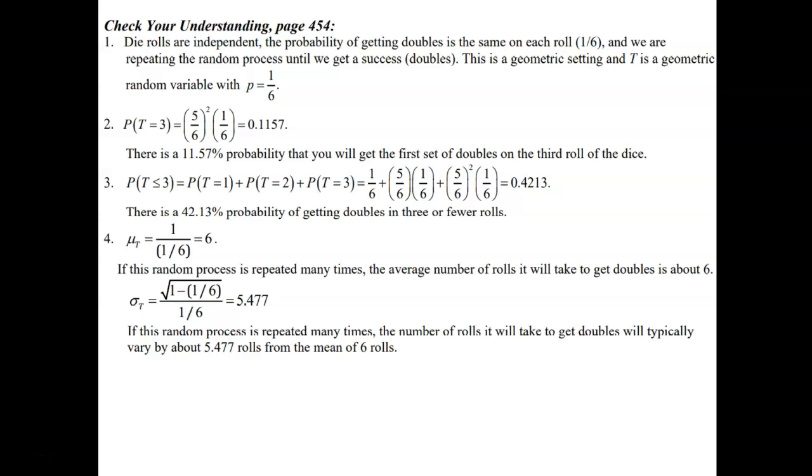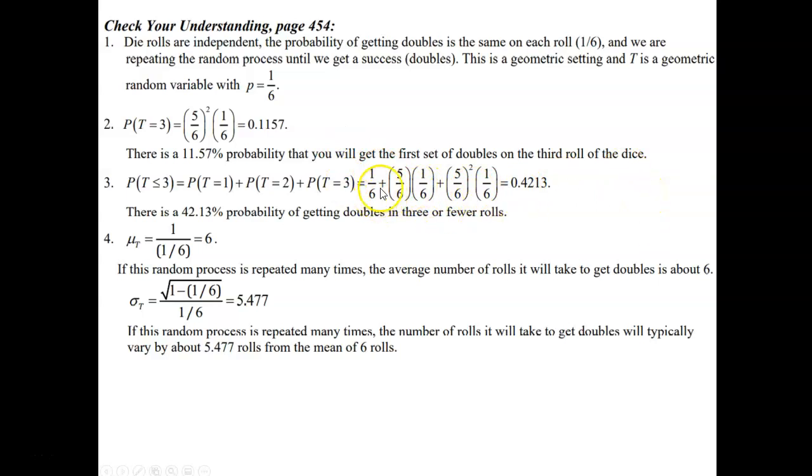For the Monopoly question, you would get out of jail if you rolled doubles on the first or second or third roll. So you could find the probability of 1 and then 2 and then 3 and add them together, or if you're lazy like me, you could do a geometric CDF with 3 as your x value.